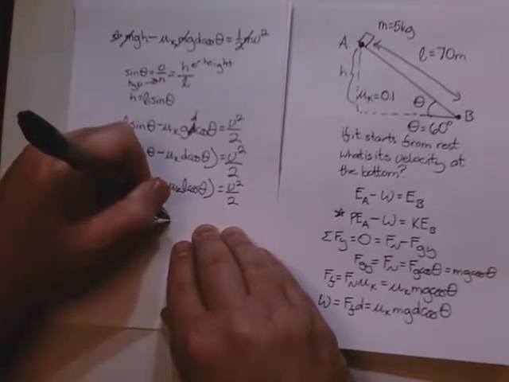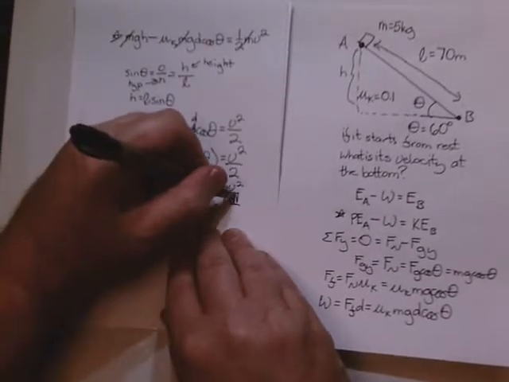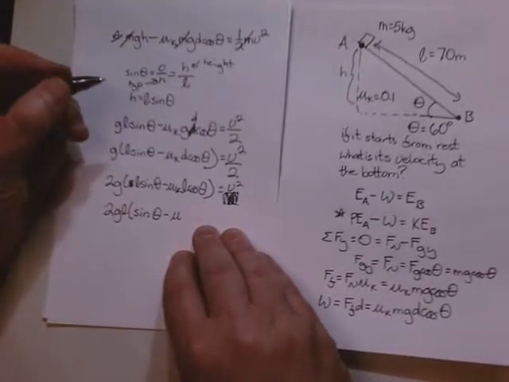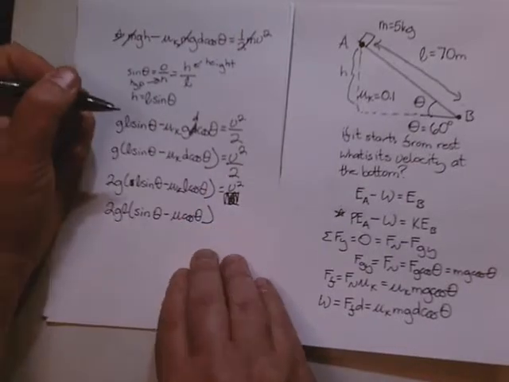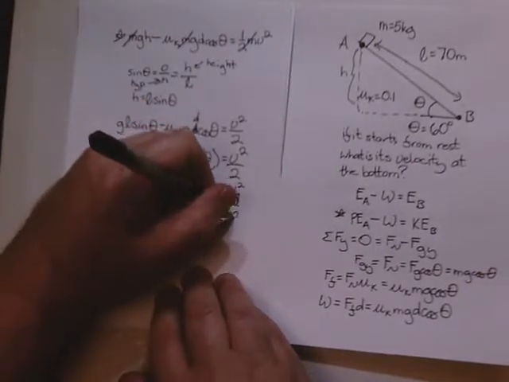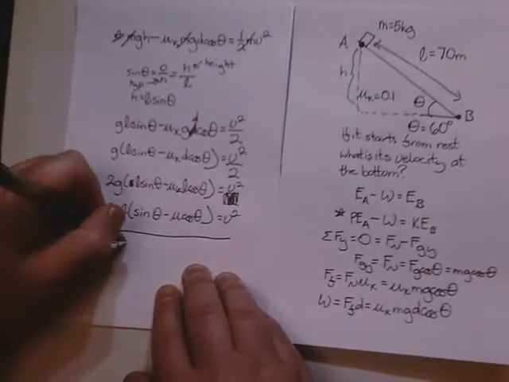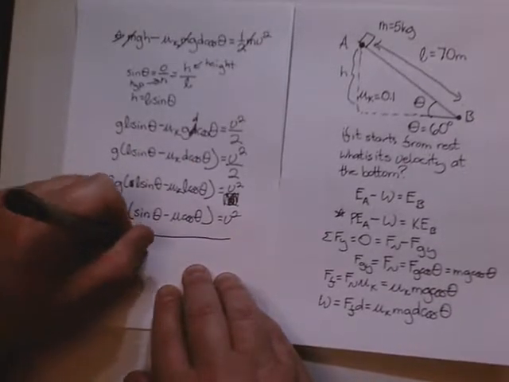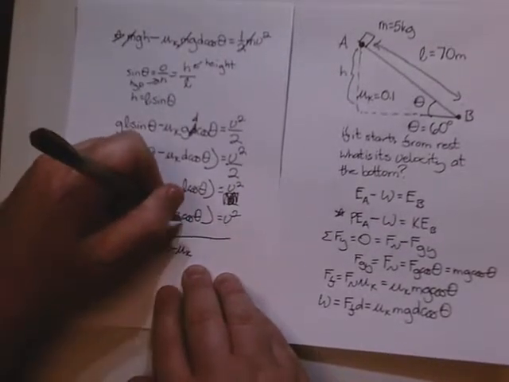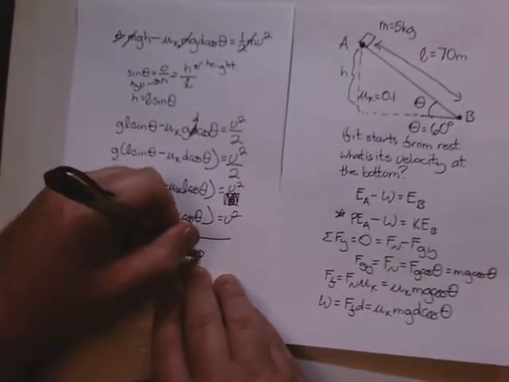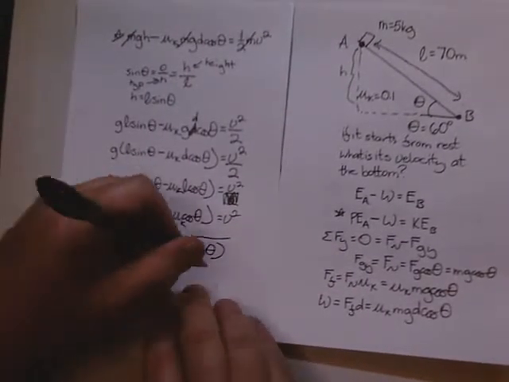Wait, so if we multiply the two over, isn't it just v squared? Yes. Thank you. And so the final velocity is that.